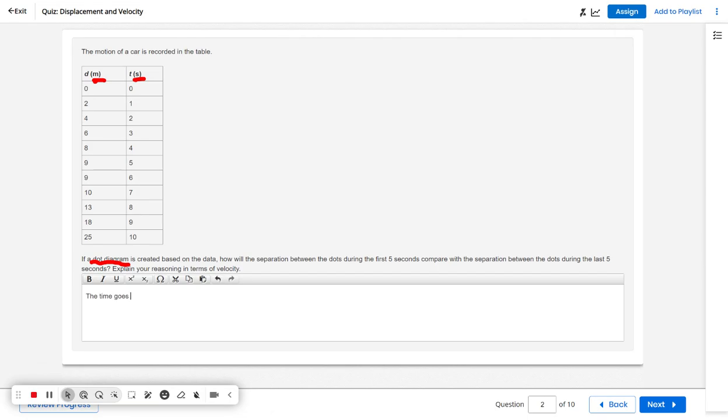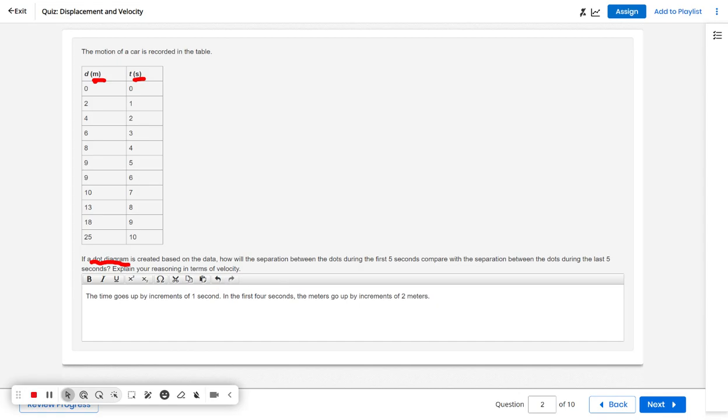The time goes up by increments of 1 second. In the first 4 seconds, the meters go up by increments of 2 meters.